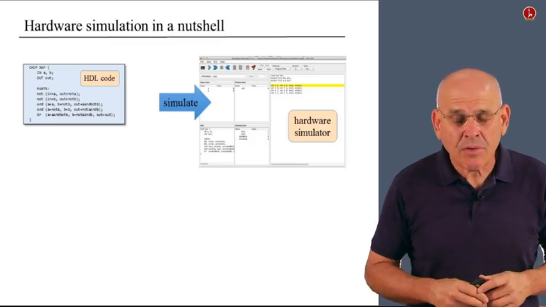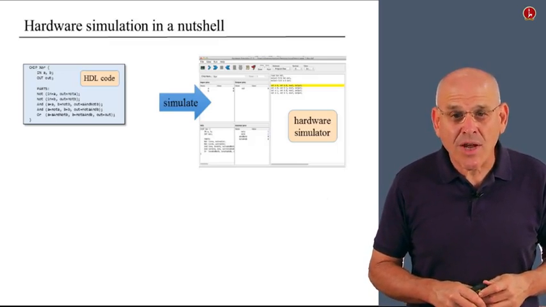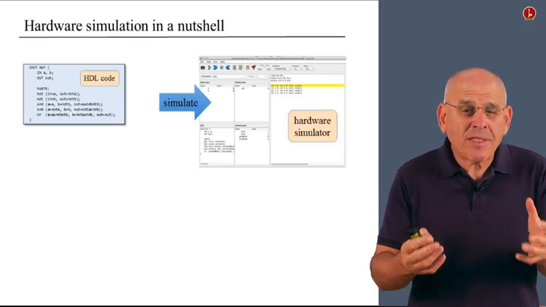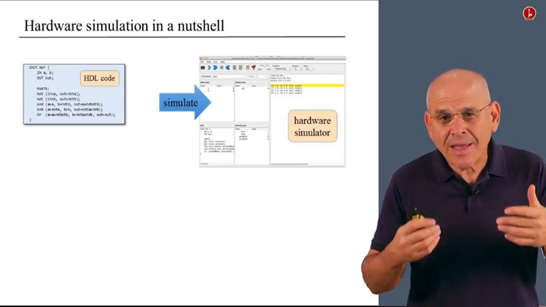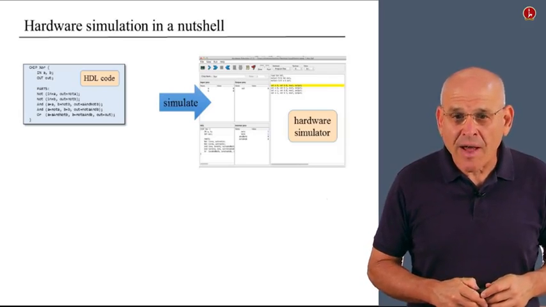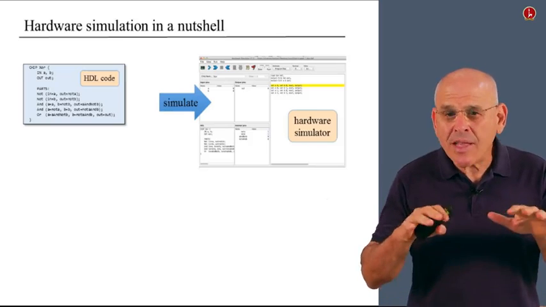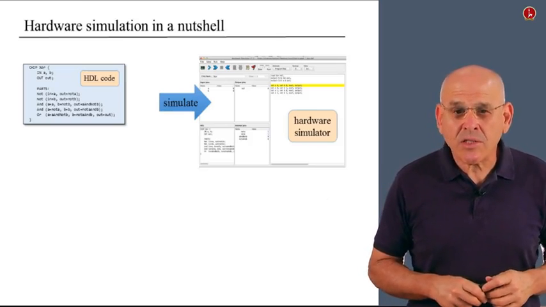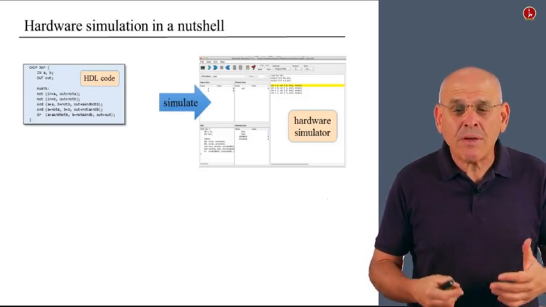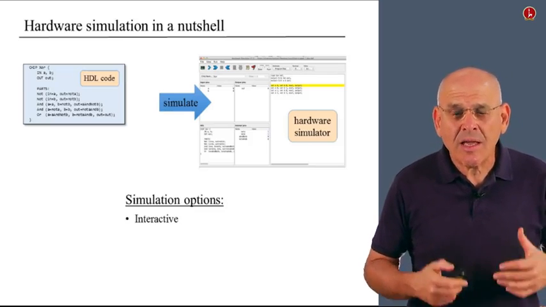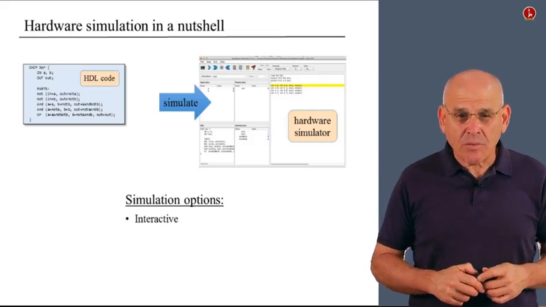This program happens to be written in Java, and it is designed to simulate and test HDL files. So we load the file into this program, and we interactively test all sorts of operations on this chip. We call this mode of testing interactive simulation.